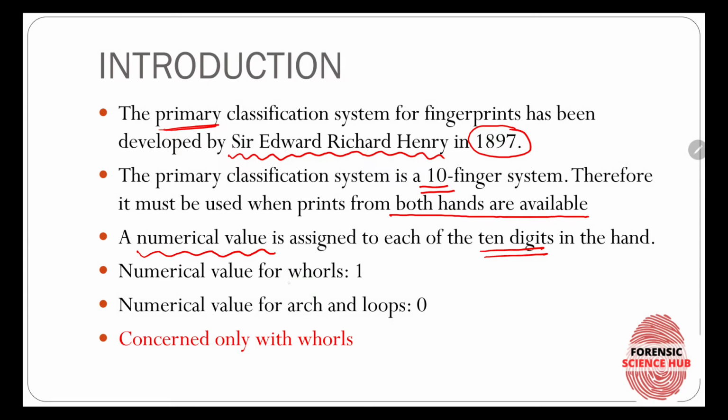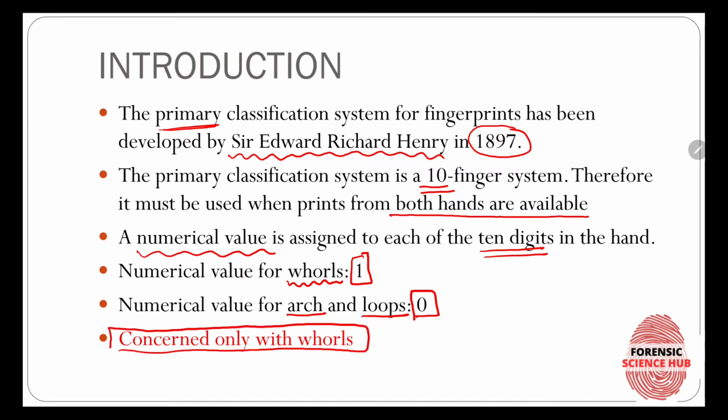If there is a whorl present, then we give a numerical value of 1 to that particular finger. And if there is an arch or loop present, then we give a numerical value of 0 to that particular finger.